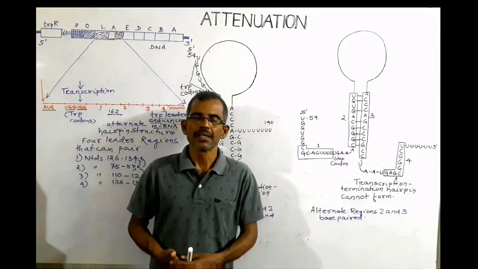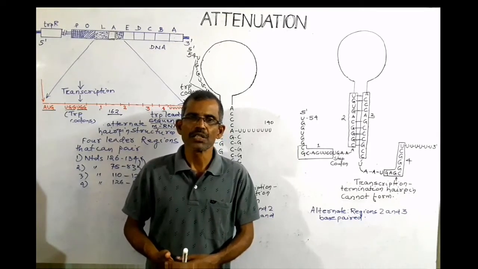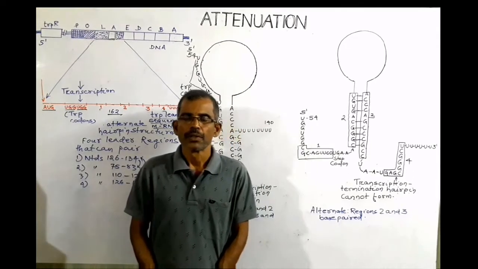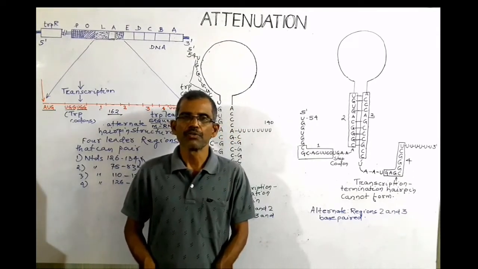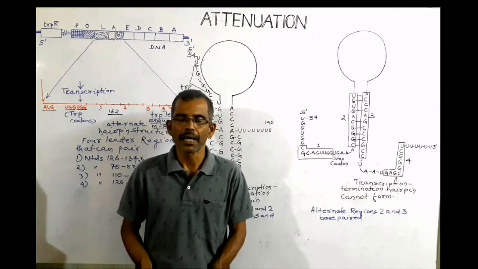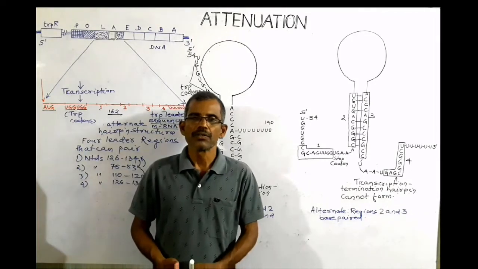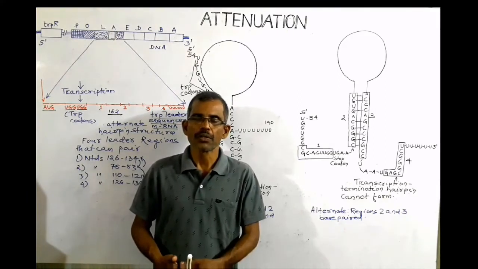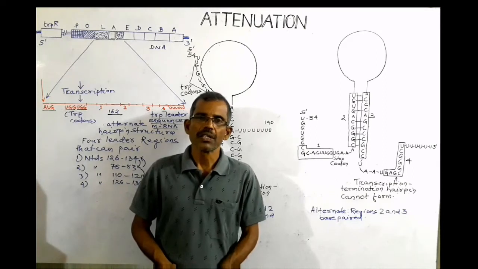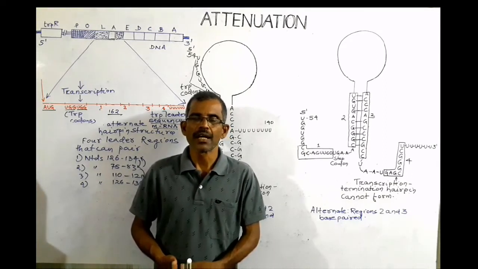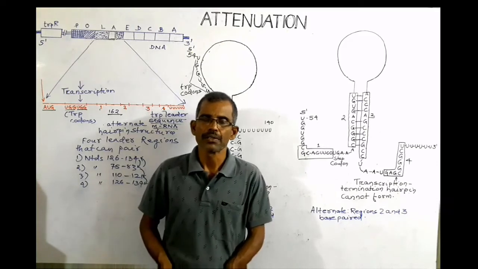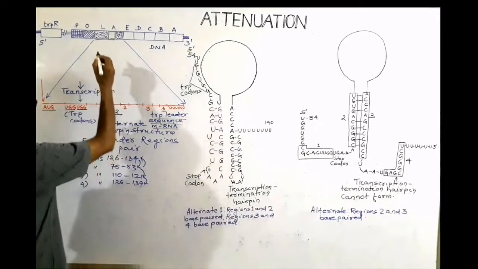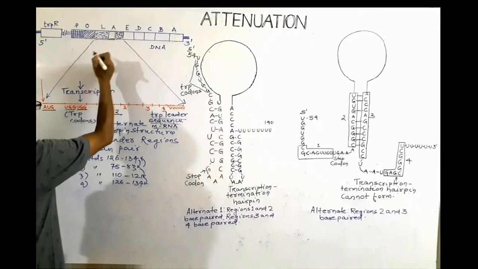These termination signals contain a GC-rich palindrome followed by several AT base pairs. The signals are transcribed to form a nascent mRNA that has the potential to form a hairpin structure. When this hairpin structure is formed, it causes a conformational change in the associated RNA polymerase, thereby causing termination of transcription.